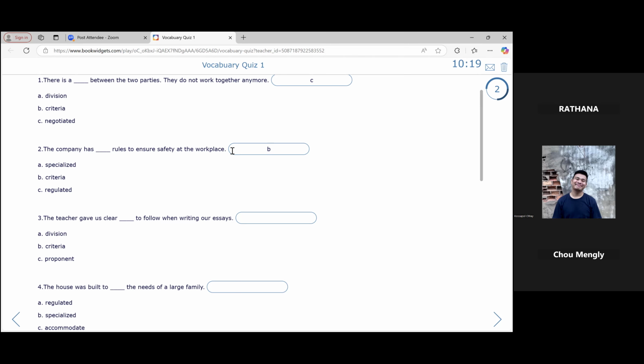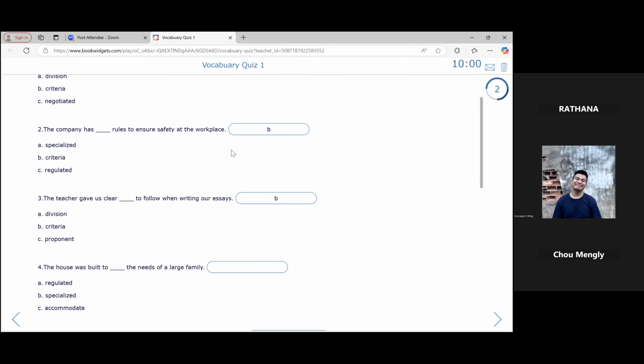Teacher give a clear proof. I think 3 is criteria and 2 is regulated.